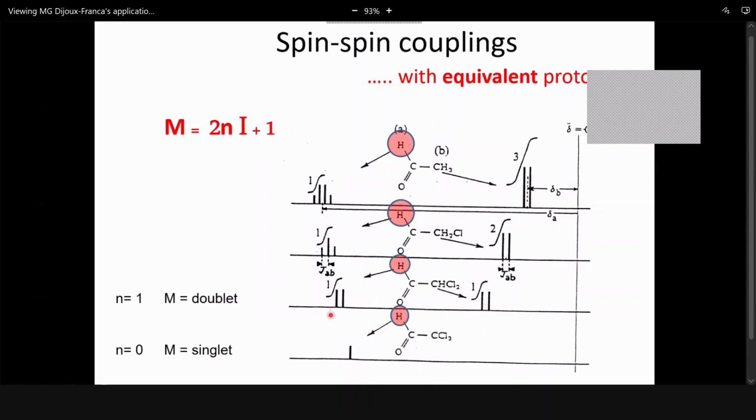Each of them is different because they have different chemical groups around, so they are submitted to different kinds of interference because of the electronegativity of each chemical group. I have different frequencies of resonance.